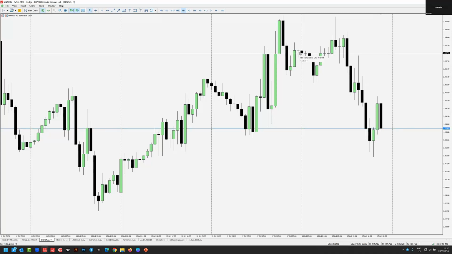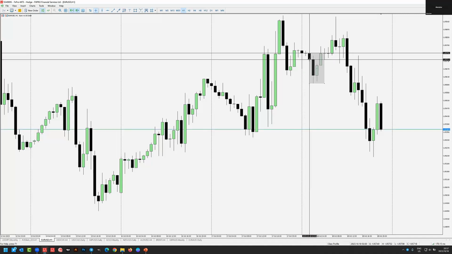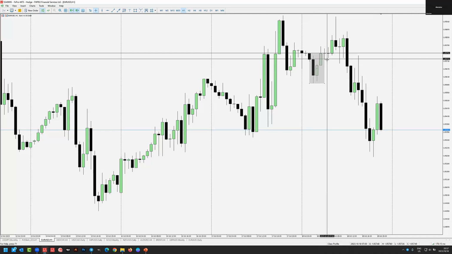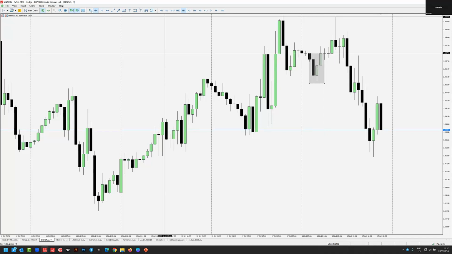Right here. That's our opening price. And the Asian range started from 3, which is like this candle, all the way to 7 a.m. Let me see if I can mark it out properly. 2 a.m. right here, up until 6, 7, right there.